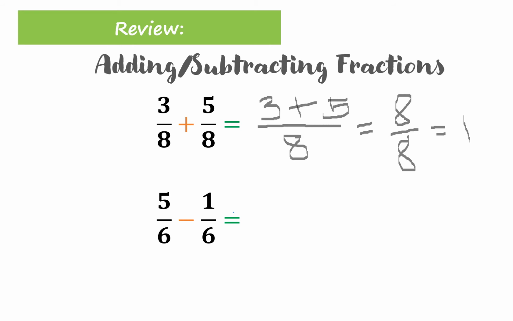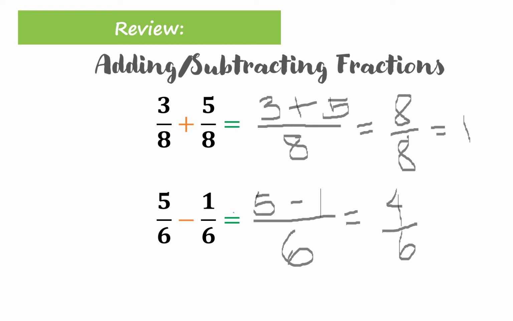Same process. Subtract the numerators and copy the denominator. That will be 5 minus 1 over 6, so our answer is 5 minus 1 is 4/6. Then check your answer. Do we have to get the lowest term?